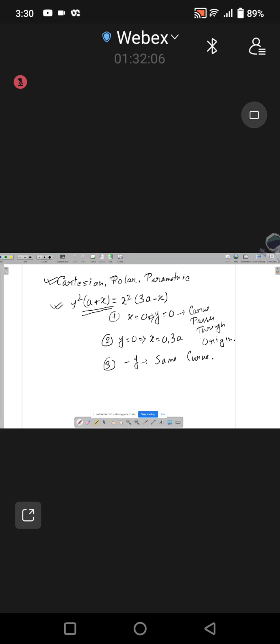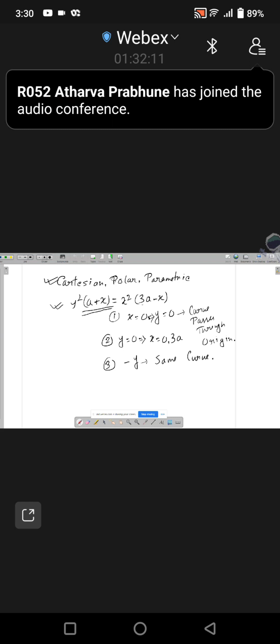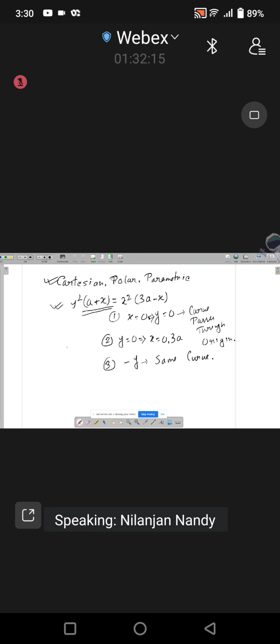The idea is that you have y square into a plus x, and this is x square into 3a minus x. So how are you checking the phi m?